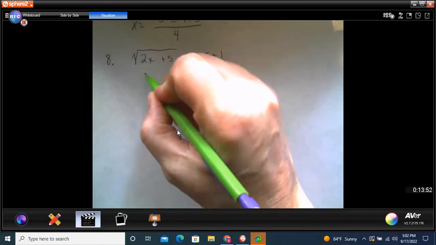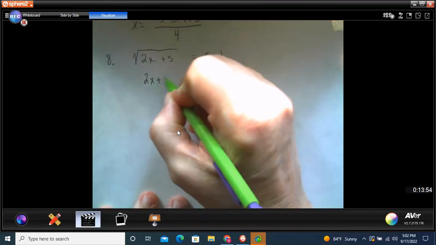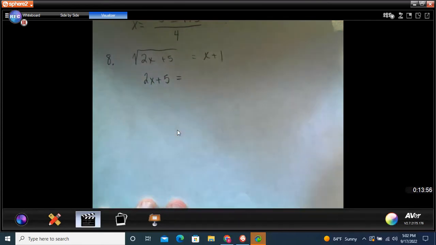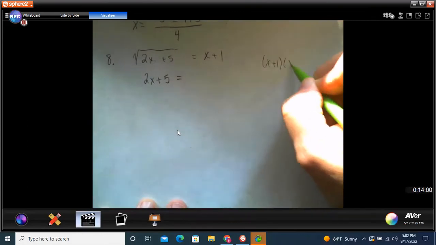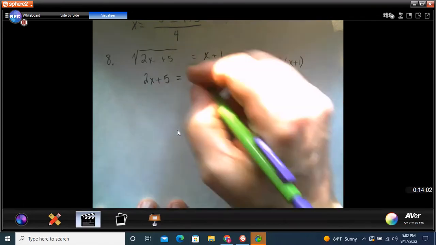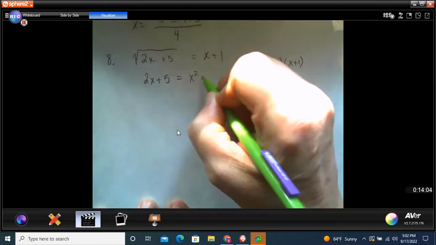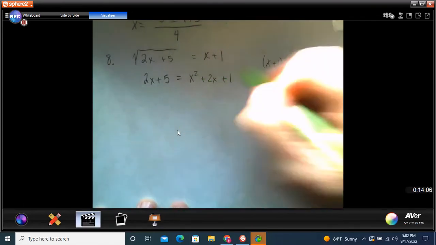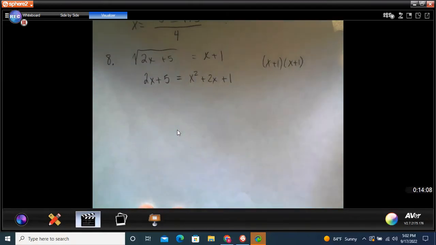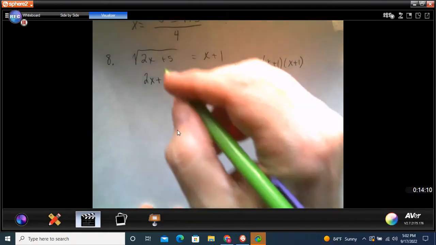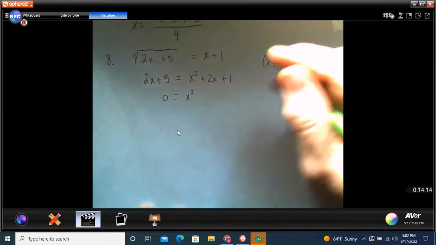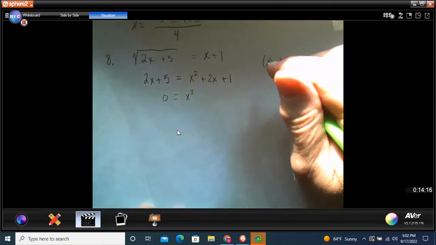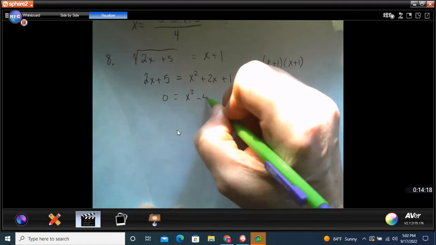When I square this side, I get 2x plus 5. When I square this side, remember that it's x plus 1 times x plus 1, which is x squared plus 2x plus 1. And then I would get this thing set equal to 0. 0 equals x squared. The 2x's actually drop out, and I get minus 4.